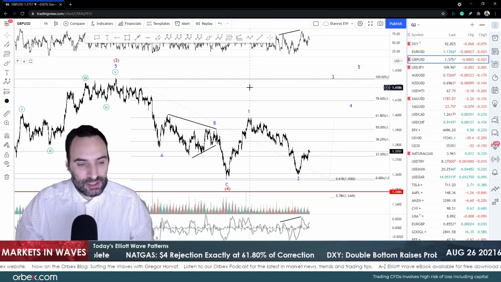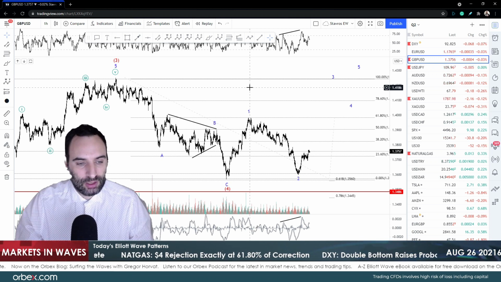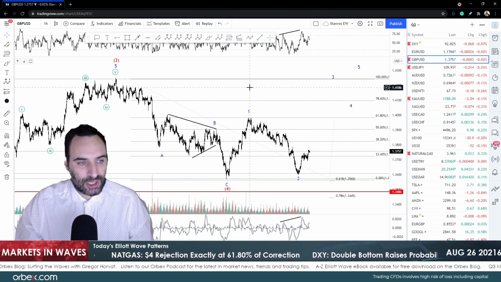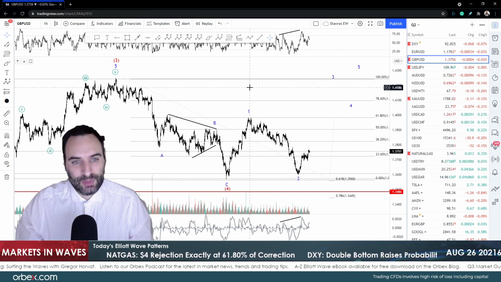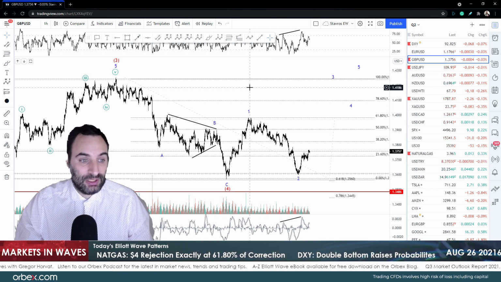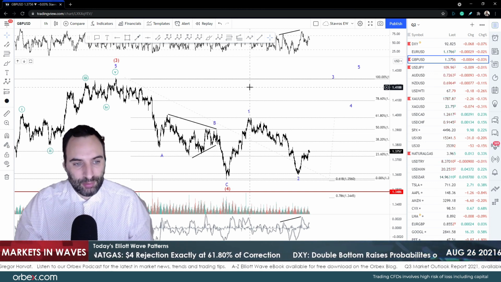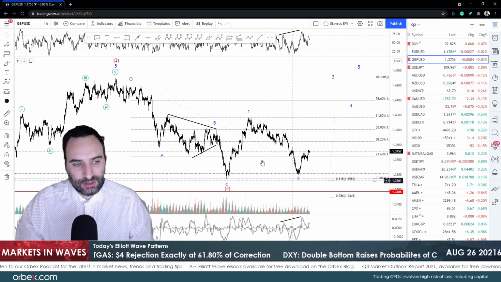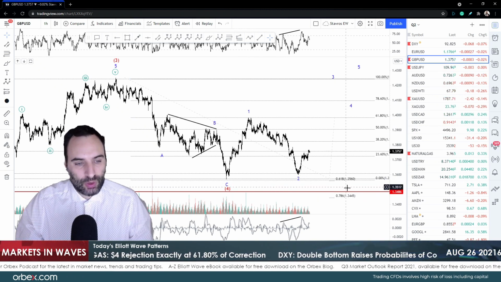Triangles maybe are a bit easier to understand because you've got at least the contracting type, with the contraction taking place and you've got ABCs. The corrections are a bit easier, but a lot of the pattern has to complete in order to make better projections. So this is what I'm looking for: this continuation to the upside, or a larger waveform.